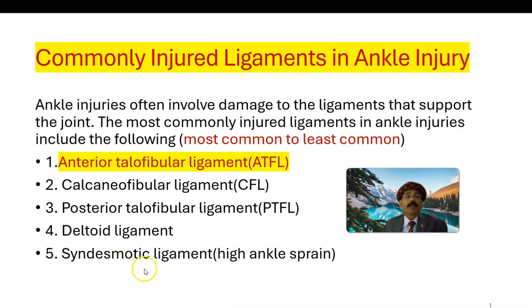In high ankle sprain, there is damage to the interosseous membrane and tibiofibular ligaments. But the most common is the anterior talofibular ligament. It may be alone, or may be associated with calcaneofibular ligament injury.